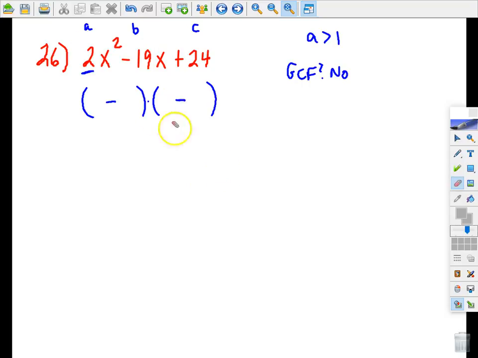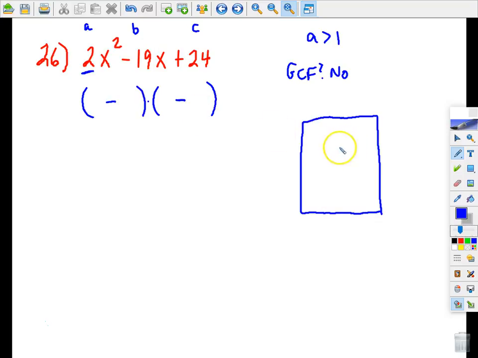Now that we know what the signs are going to be, we will not worry about signs when we go to this method that I'm calling the box method. The signs have already taken care of themselves. So when I go to put numbers in this particular case, I'm just going to use all positive numbers, and we're just going to plug in the results as they come out of our box method.